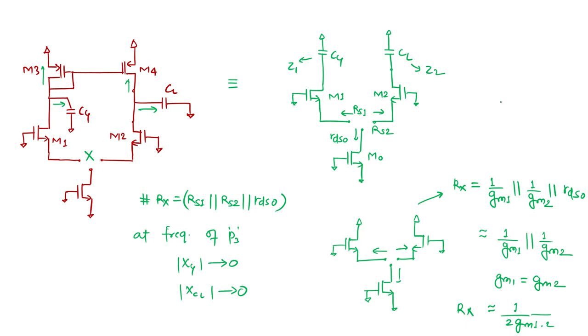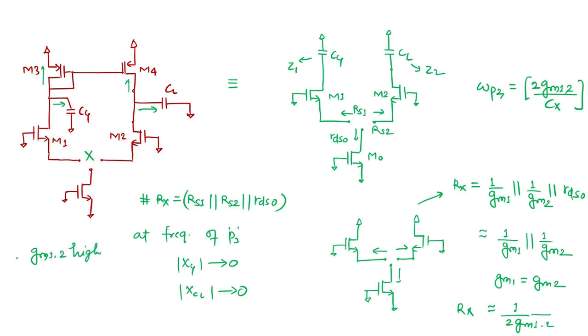So the pole contributed by this node, sorry, P3, is nothing but 2Gm1/Cx. As we know, ideally for better matching purposes we keep Gm1 too high.